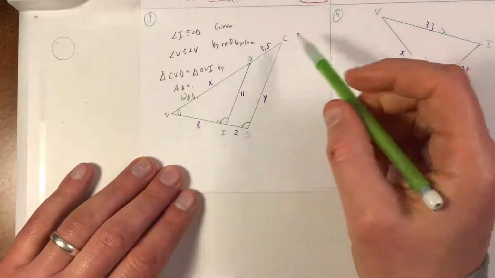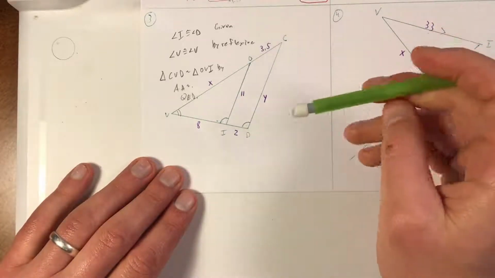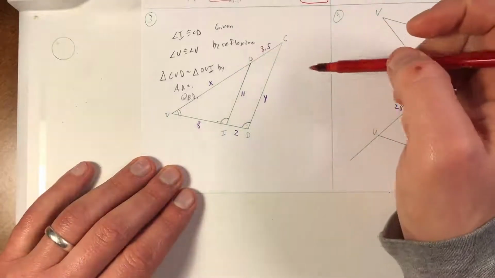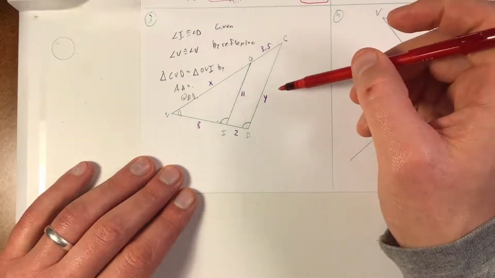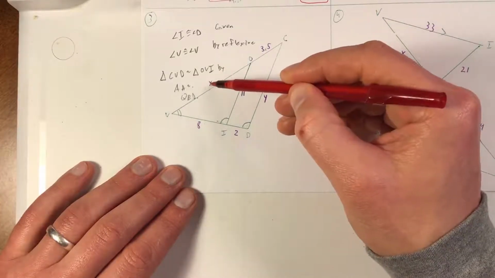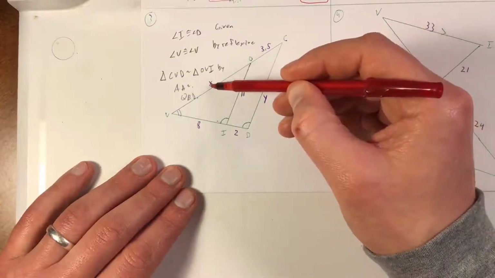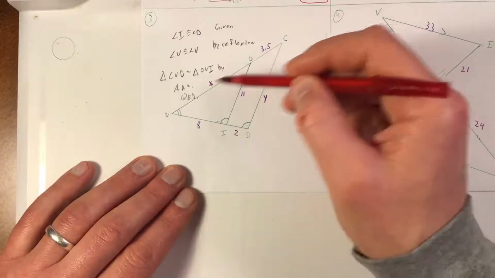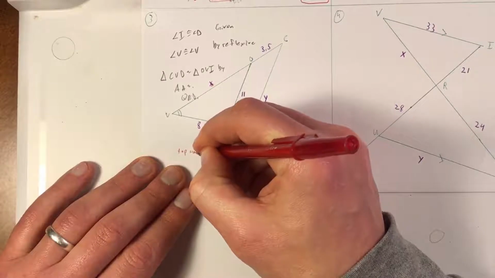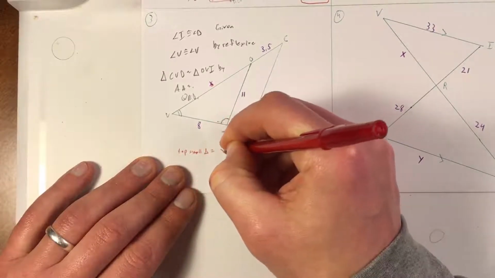All right, so now I've got to set up my proportions. Well, let's see here. Let's set it up to figure out x first. Okay, x on this triangle goes with, I'm going to call it the top side. Top of the small triangle is x.